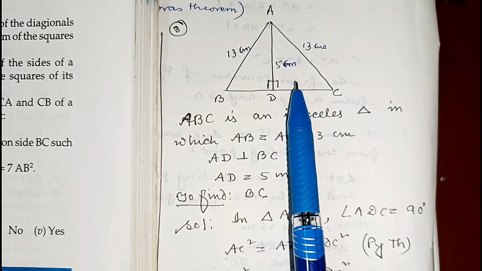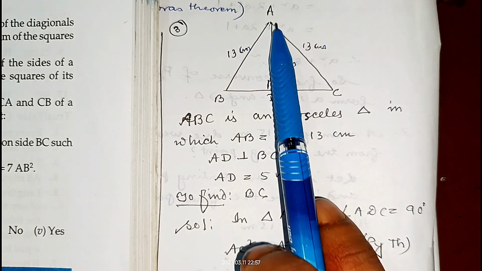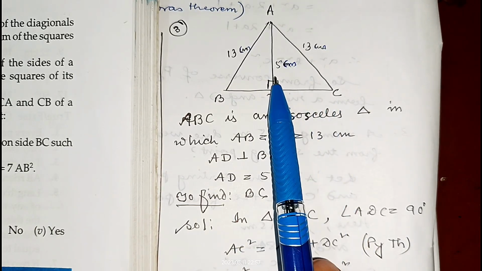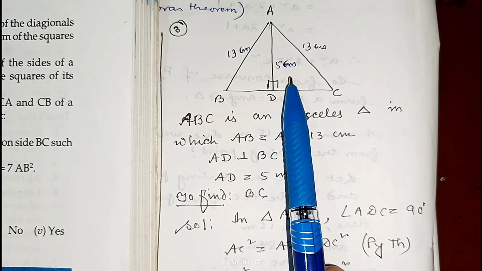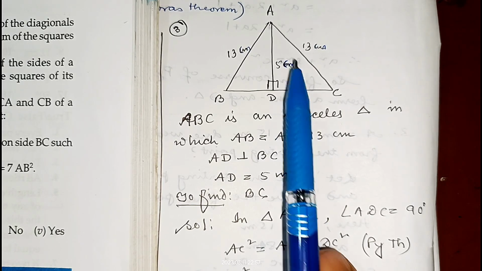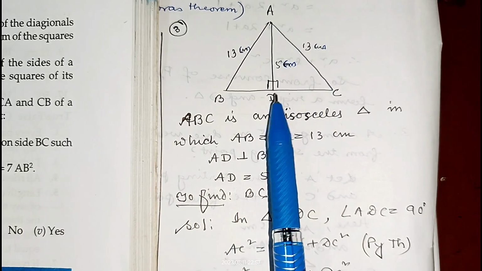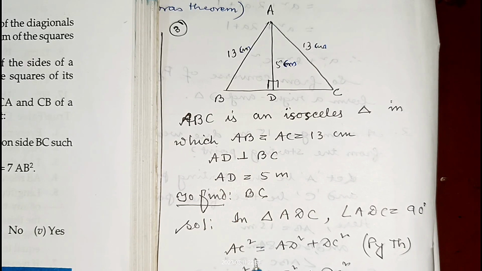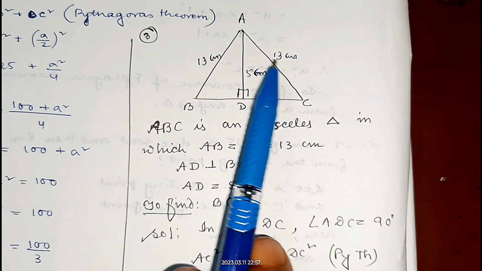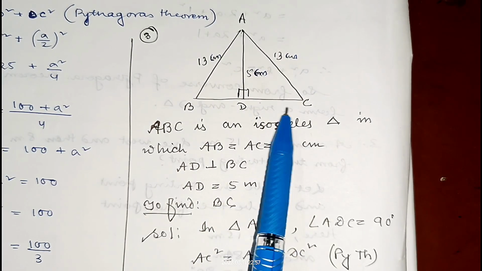Now since this is a right angle triangle, in triangle ADC, angle ADC equal to 90 degree. So if I apply Pythagoras theorem, then AC square is AD square plus CD square. Now here AC is 13, AD is 5, but CD is not known.